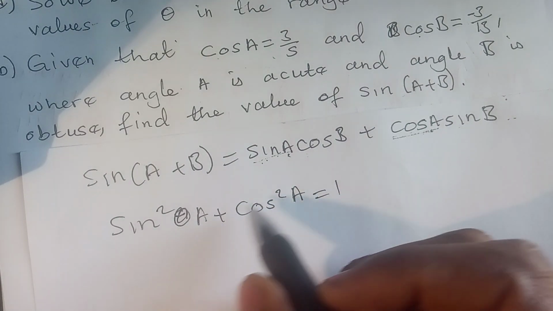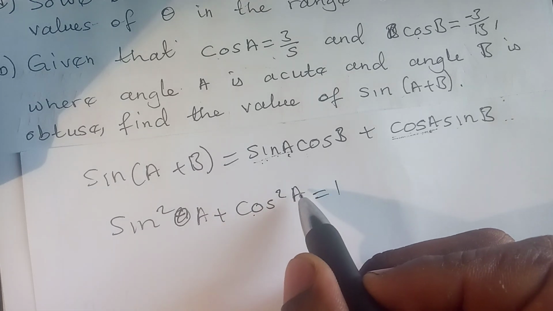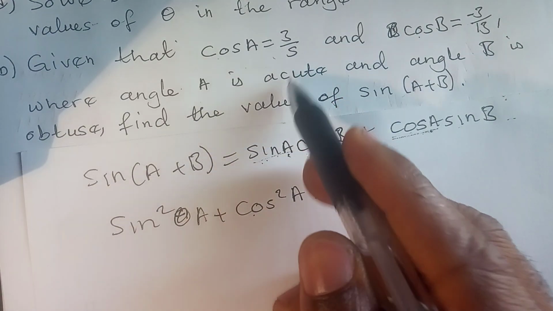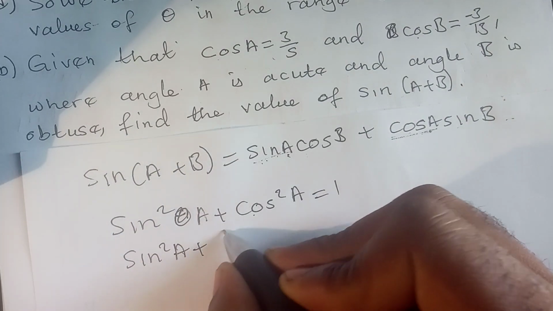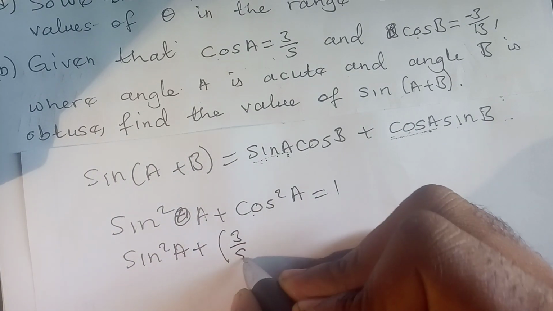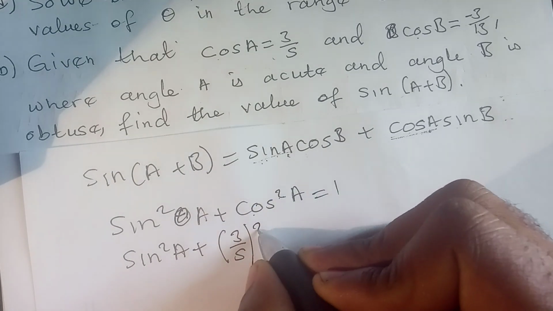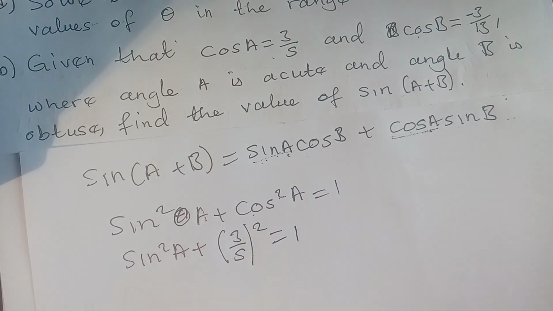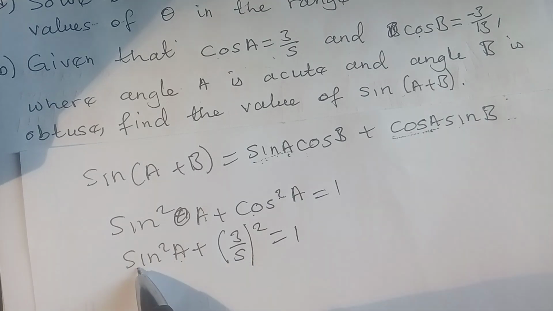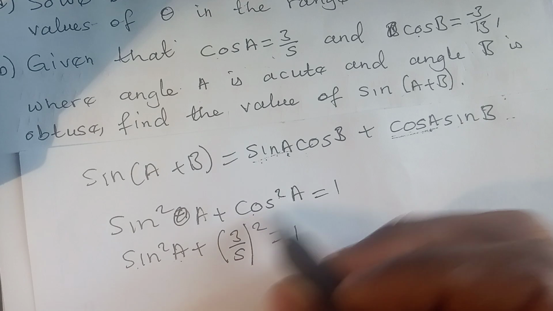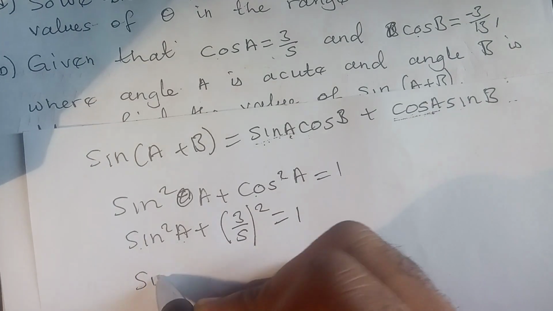Since we already know cos A is 3 over 5, we can say sin squared A plus (3 over 5) squared is equal to 1, and then we can solve for sin A.